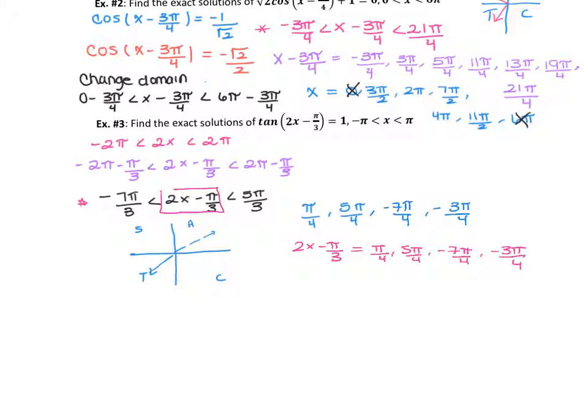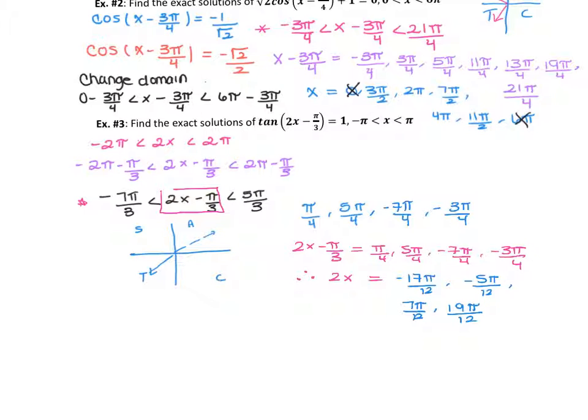So when you add pi over 3 to all of your answers, you now have 2x, which is going to be equal to negative 17 pi over 12, negative 5 pi over 12, 7 pi over 12, and 19 pi over 12.